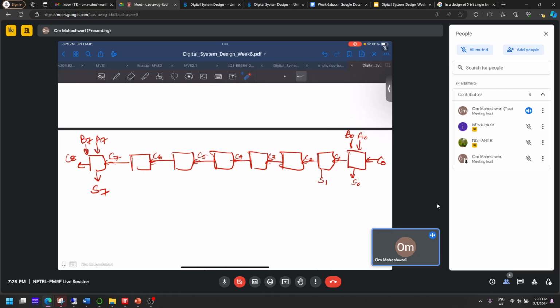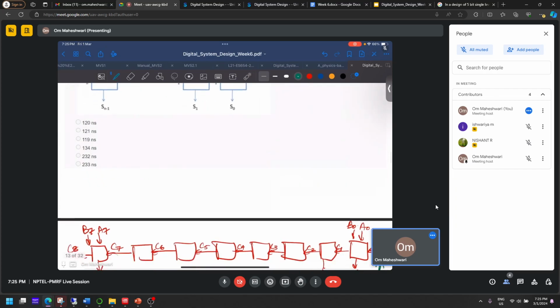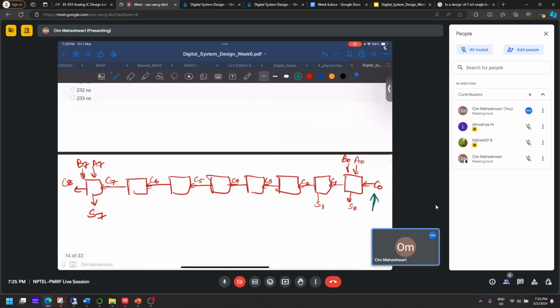Now, if you see the propagation delay for the carry, let's say C0 is available from the beginning, then if 15 nanoseconds is for generation of C1, then 15 for C2, then 15 for C3. So it is for till C8.